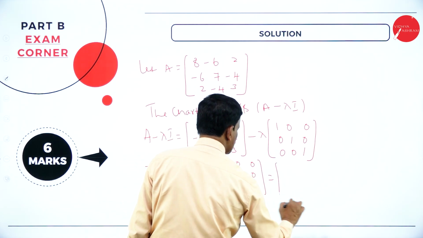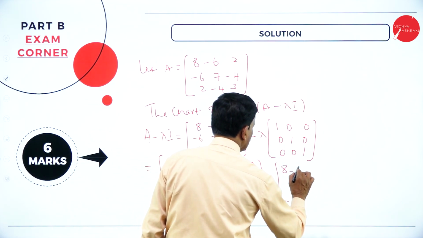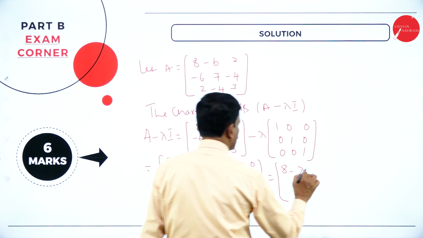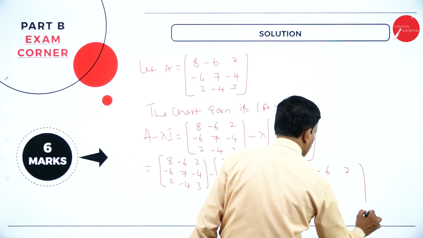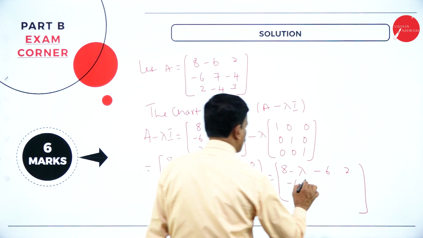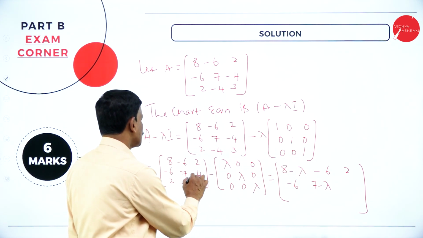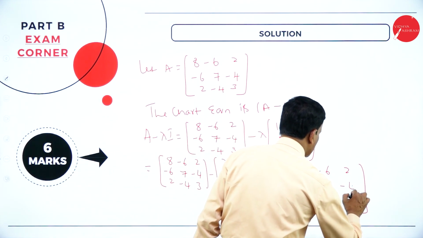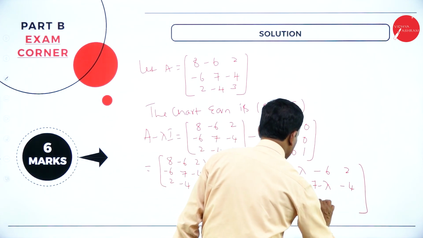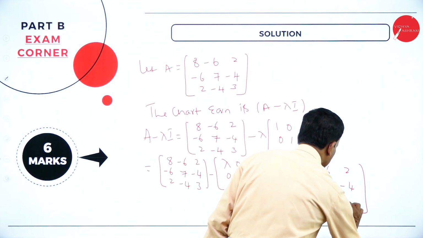Now, subtract this. A minus lambda I has 8 minus lambda, the remaining entries are the same, minus 6 and 2, then minus 6, 7 minus lambda, minus 4, then 2, minus 4, and 3 minus lambda.